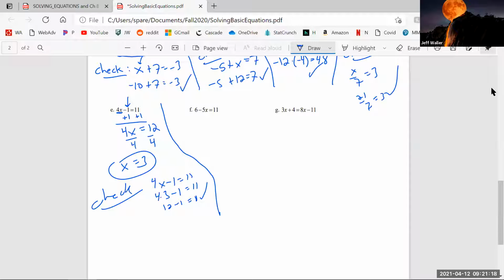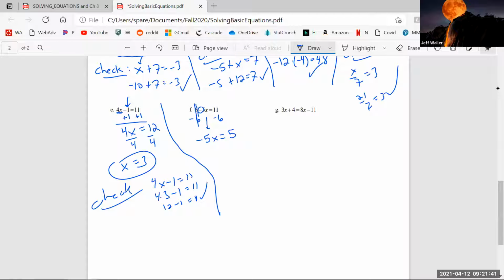So like you said, the first thing I should do is subtract 6. So that goes away. Now what's left? I always get somebody who writes this, but what's wrong with that? Negative 5x equals 5. Good. There's a negative there that has to still be there. Nothing made that negative go away.